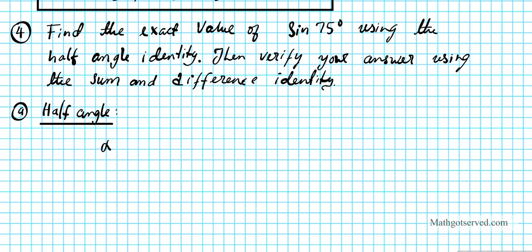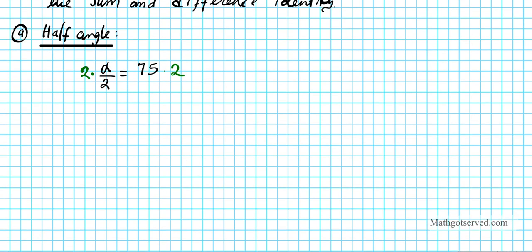So we have alpha over 2 equals 75. What is a common angle whose half is 75? We just simply double both sides to find out what the angle is. So alpha equals 150 degrees. So there goes the value of alpha.